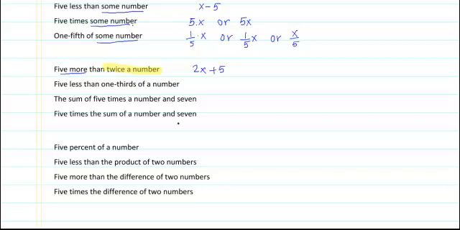So 2x plus 5 is our expression now. Now in the next one, we have 5 less than 1/3 of a number. So let's start here. 1/3 of a number is 1/3 x. We need 5 less than that, so we take away 5. 1/3 x minus 5. Or you can simply write this as x over 3 minus 5.